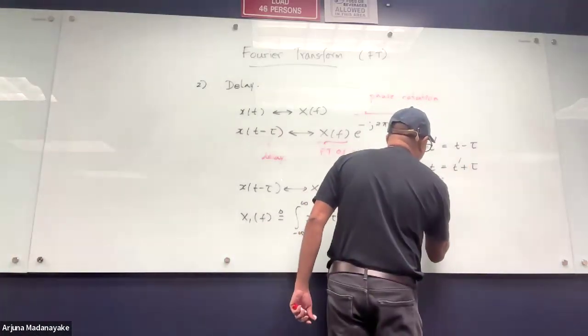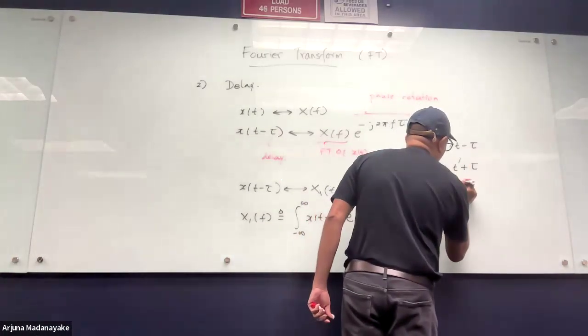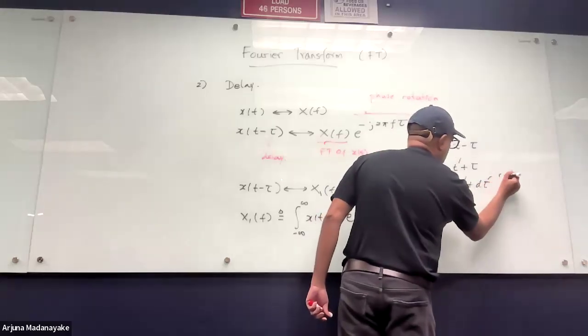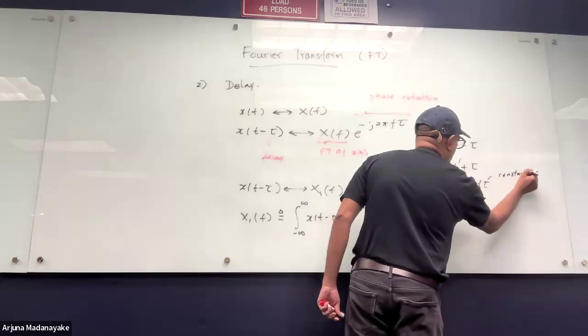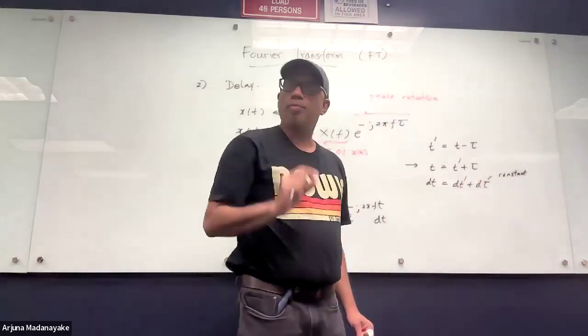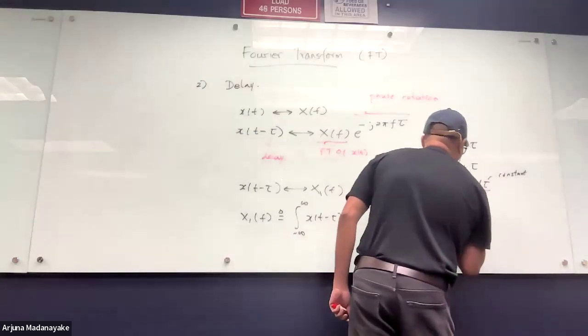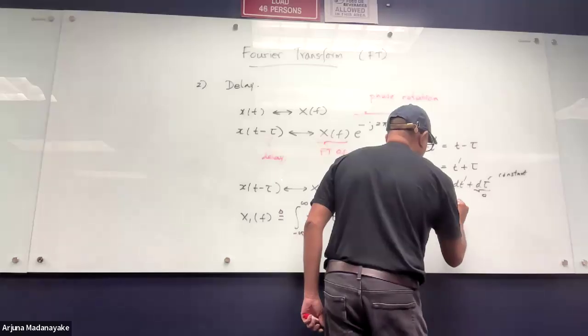Take the differentials: dt is equal to dt dash plus d tau, but this is a constant. Because it's a constant, the d tau component is 0. So dt equals dt dash.